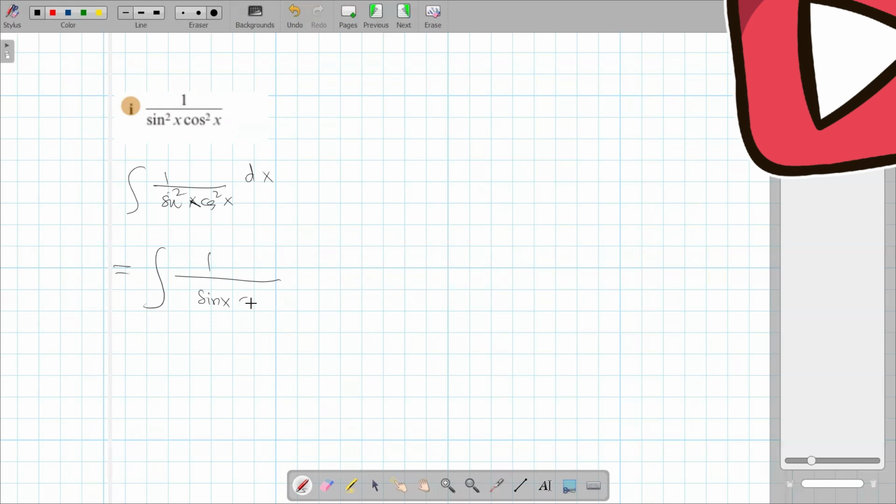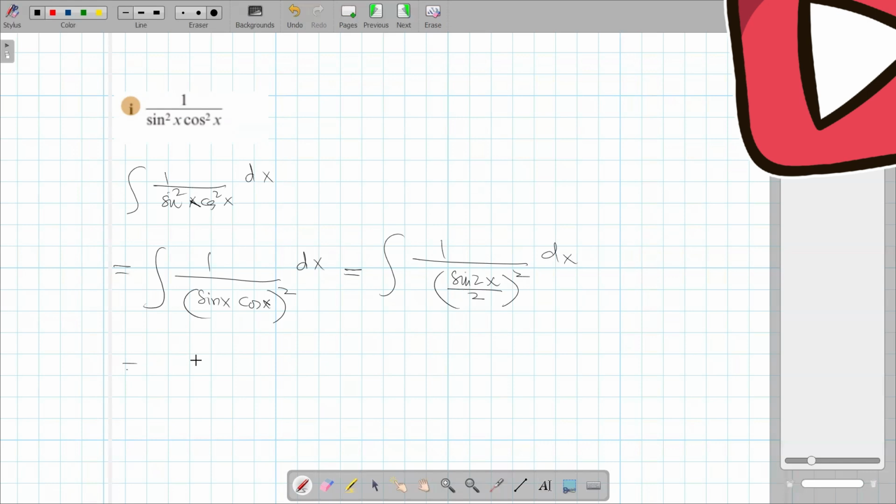I can write it as sine x times cosine x whole squared, right? And further we can write it as 1 over a half times sine 2x, squared.